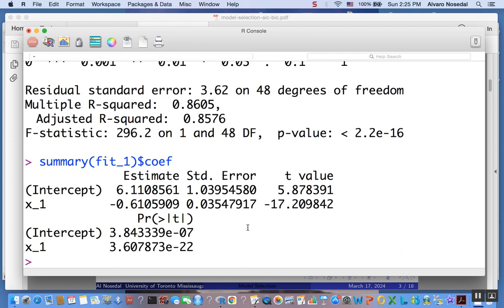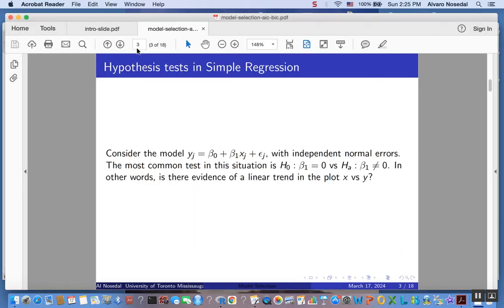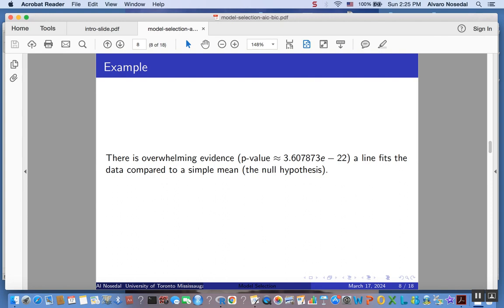Agreed? So let me show you a slide where we have that conclusion. Now we know where it comes from. Okay? So that's the first approach. That's the hypothesis test approach.